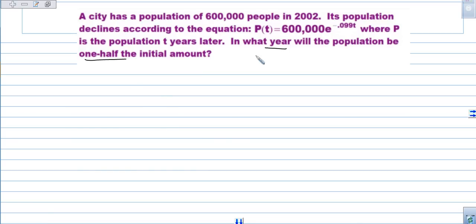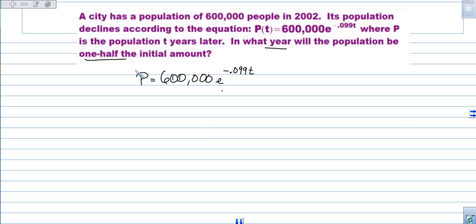But all you need to know is that you have the function here, e to the negative 0.099t.